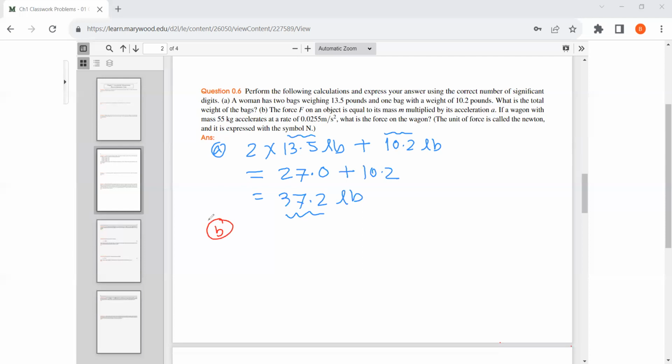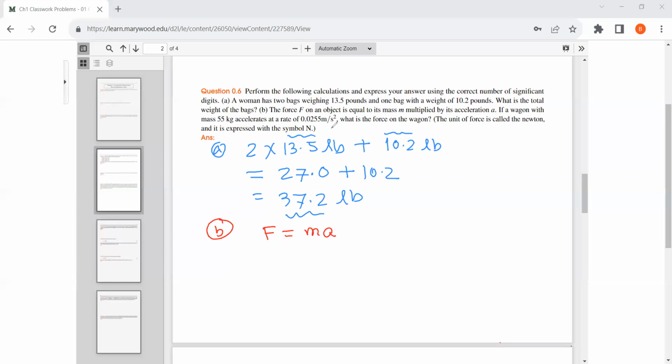Number B. The force of an object is equal to its mass multiplied by its acceleration. This equation we will be learning in chapter 4, but for the time being, let's just follow the instruction of this question. A wagon with a mass of 55 kilograms accelerates at a rate of 0.0255 meters per second squared.